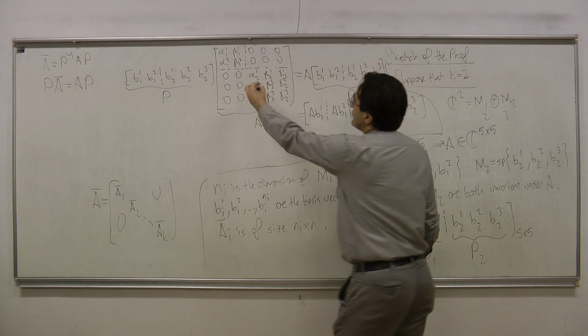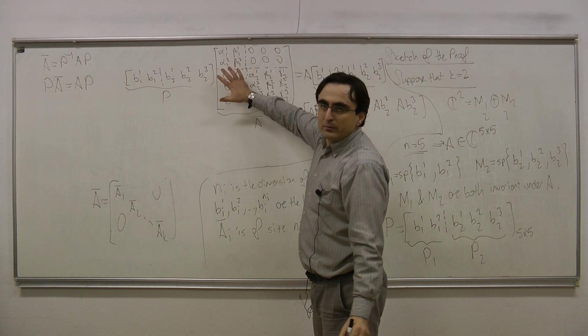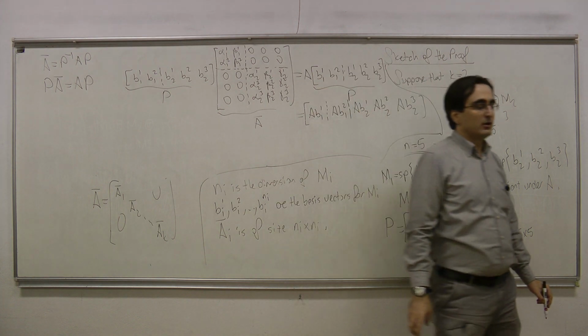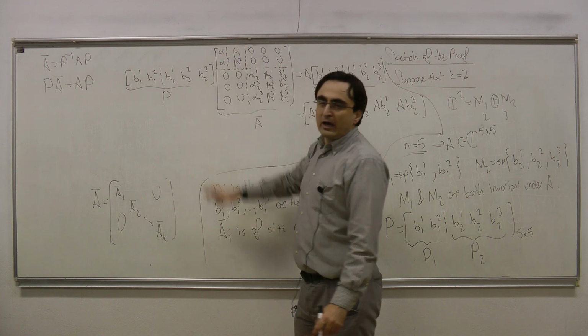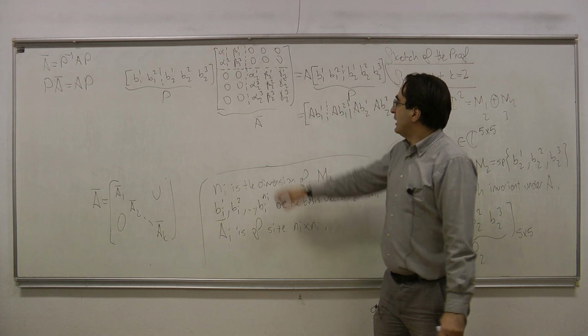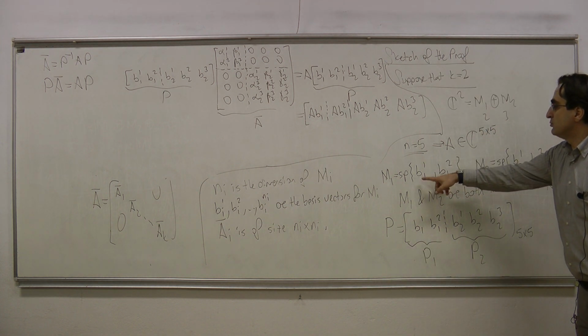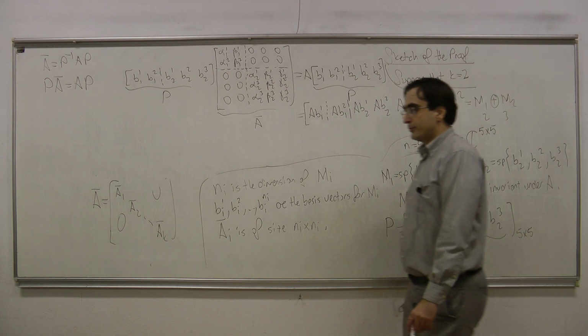Okay? So you see now that because of these 0 elements, I have a block diagonal A bar matrix. And I see here that the first block has size 2 by 2, and the second block has size 3 by 3. And the dimension of M1 was 2, and the dimension of M2 is equal to 3.